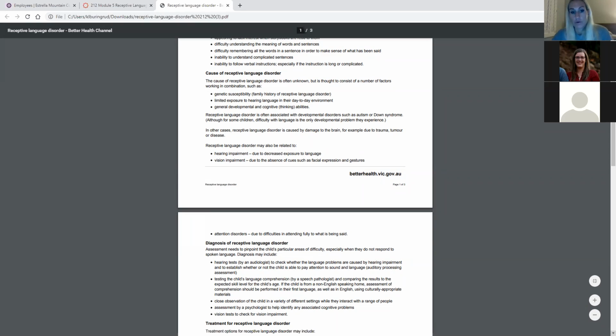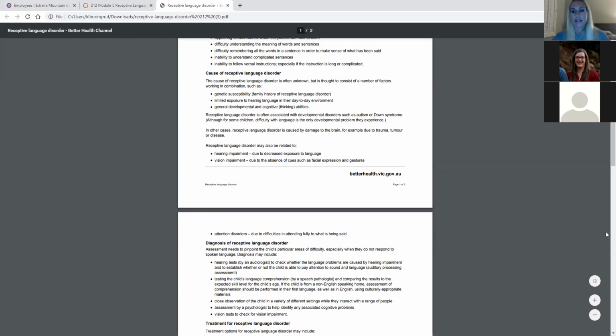And then attention disorders. They could have all three of these things, and we still might say they have a language disorder, but we have to look at the precursor. If somebody has a hearing impairment and all I'm doing is more auditory input, that's not really helping their language issue. I need to give them some other modalities to get the language in.